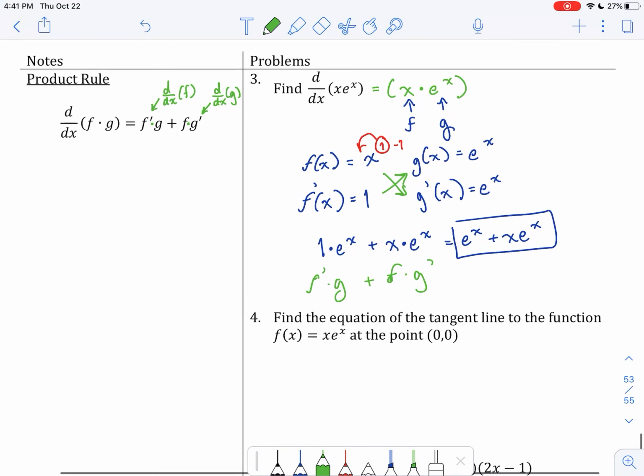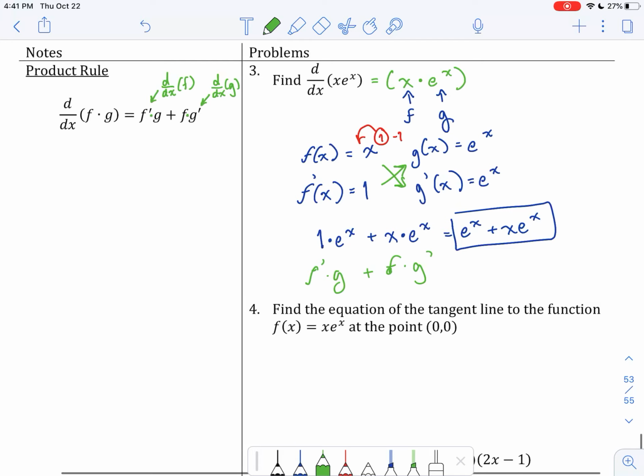Now, one thing that I want to remember that we can do with derivatives is here it says find the equation of the tangent line to the function f of x equals x e to the x. So the same thing that we just saw up here in the previous problem at the point 0, 0. So if you remember, when we talk about derivatives, we're often talking about the slope of the tangent line.